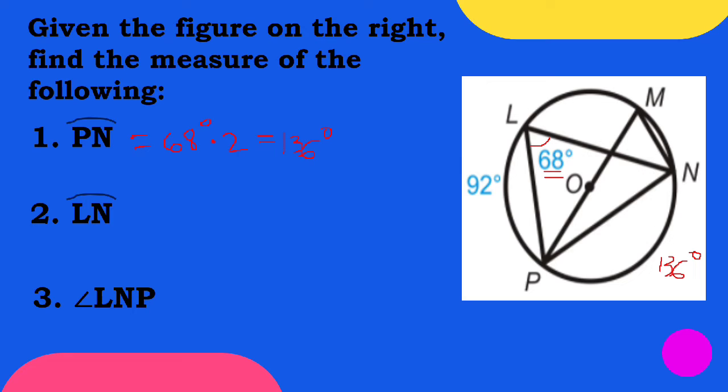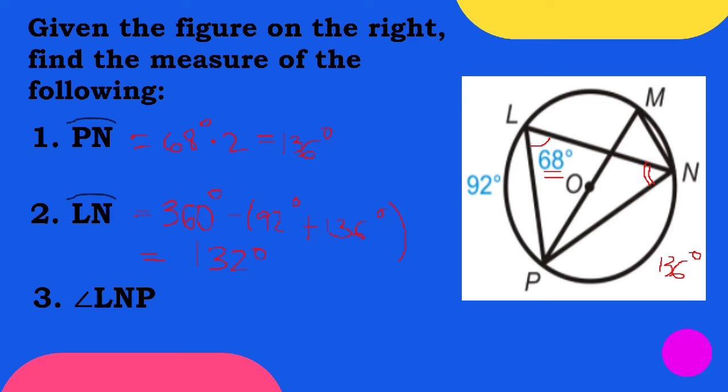To get the measure of arc LN, this is equal to 360 minus the sum of the measures of arc PL and arc PN. 360 minus quantity 92 degrees plus 136 degrees. 92 degrees plus 136 degrees is equal to 228 degrees. 360 degrees minus 228 degrees is equal to 132 degrees.